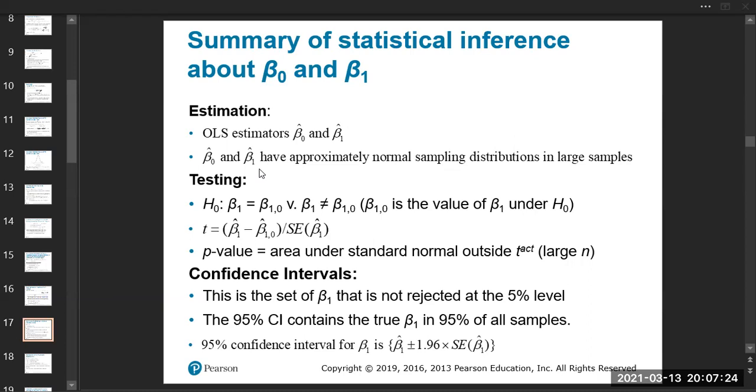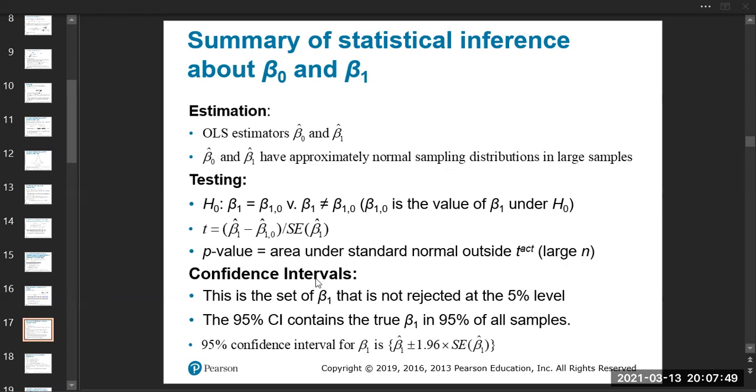This distribution is imagined over repeated sampling. But in a real case, you only sample one time. You can use this nice normal distribution to do testing and confidence intervals. If you do testing, then you can calculate the t-statistic using this formula, which you should remember, and get the p-value, which you should already know how to do.